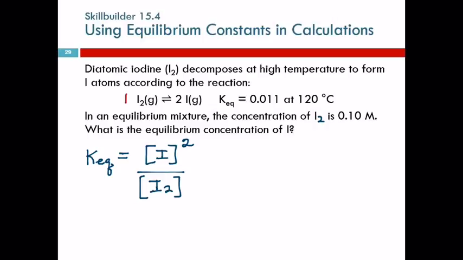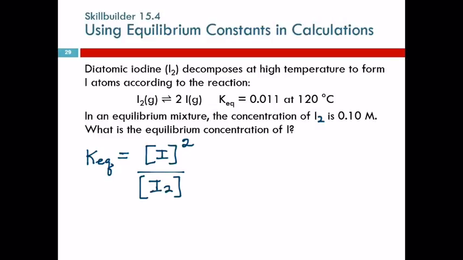This would be a 1, and this would be a 1. The chemists don't like to write the number 1, so we don't, because it doesn't matter. Okay, I know I2 is 0.1. I know KEQ. I'm looking for I. I need to rearrange this so that I get I by itself.